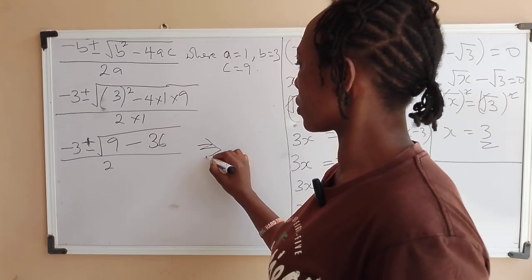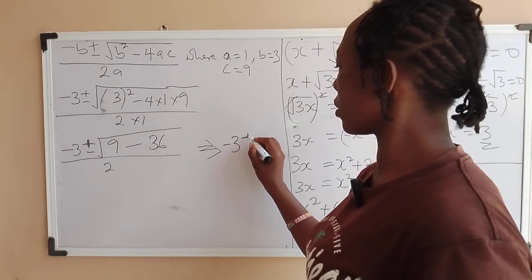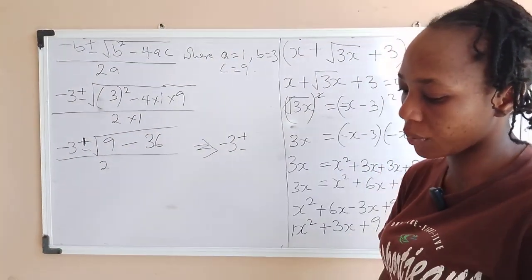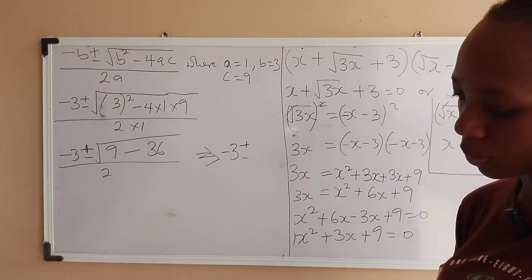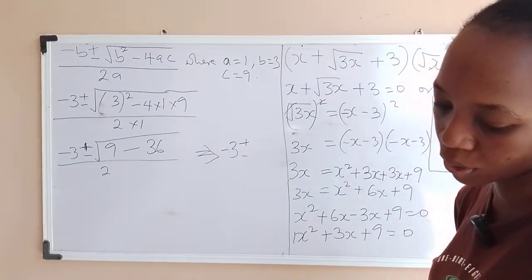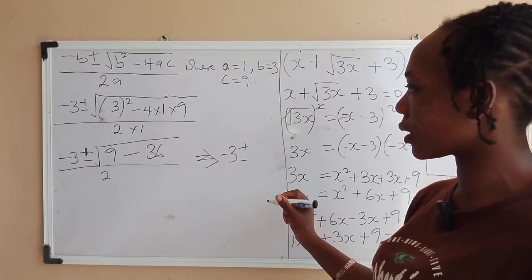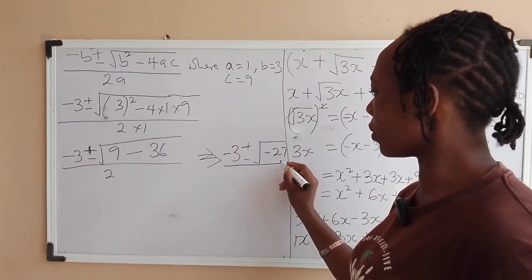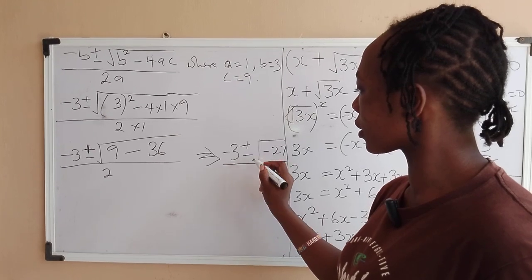And this would give us minus 3 plus or minus. So when we subtract, what are we going to get? When you punch your calculator, you should have 27 minus 27 all over 2.